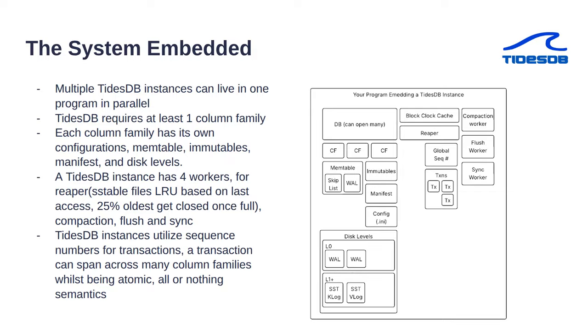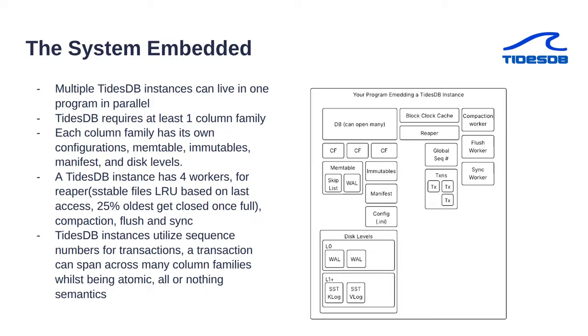So what does the system look like when it's embedded? Well, firstly, when you include TidesDB in your application, let's say, you can have many instances living in parallel, so long as they live in different data directories, which you can configure when you open a new TidesDB instance. Each TidesDB instance can have many column families.